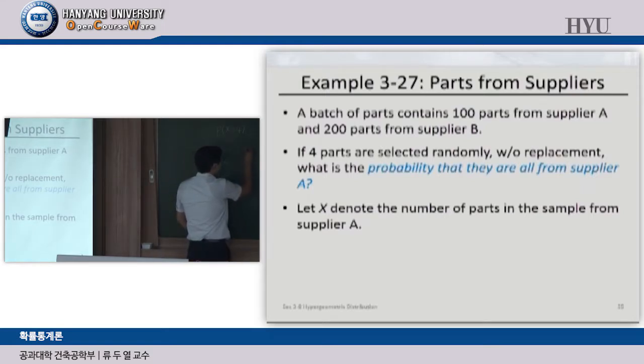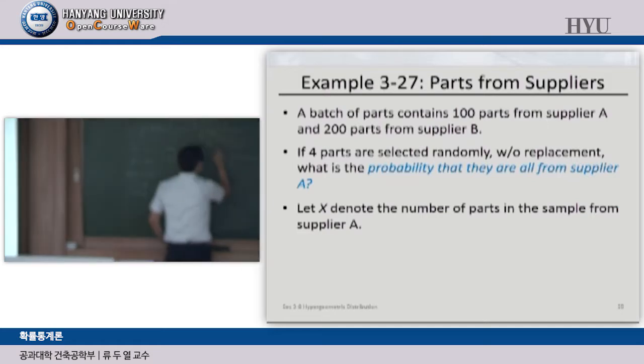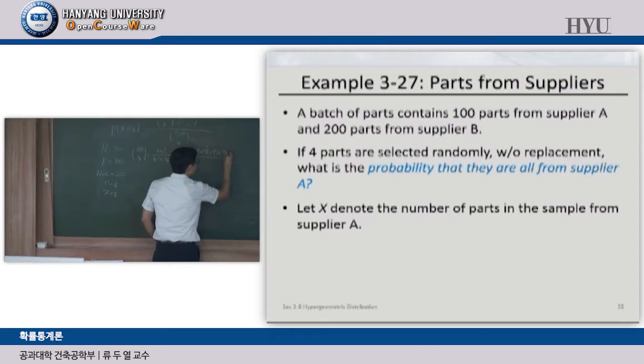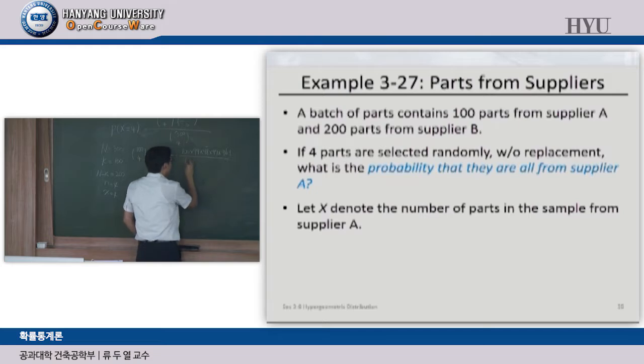So what is 100 choose 4? That is 100 factorial over 4 factorial multiplied by 96 factorial. That is 100 times 99 times 98 times 97 times 96 factorial divided by 4 times 3 times 2 times 1 times 96 factorial.